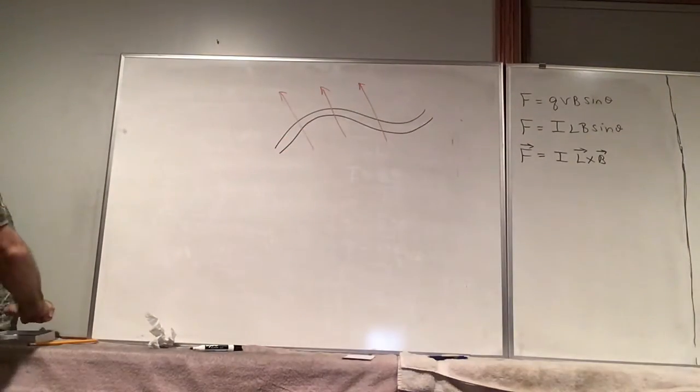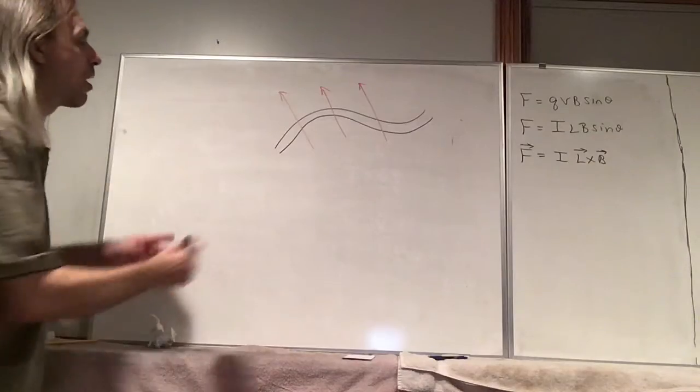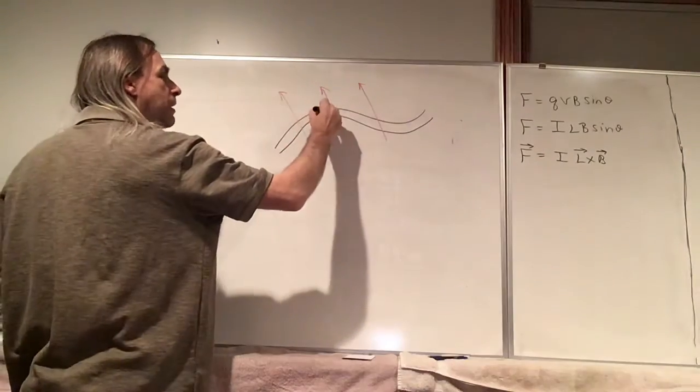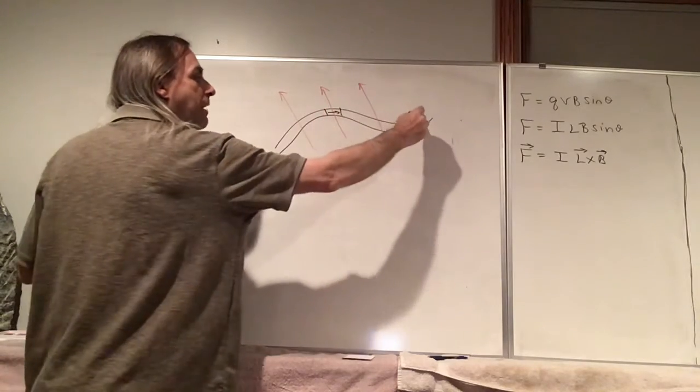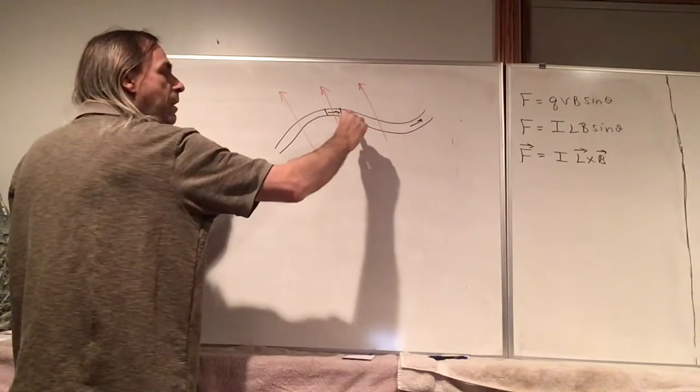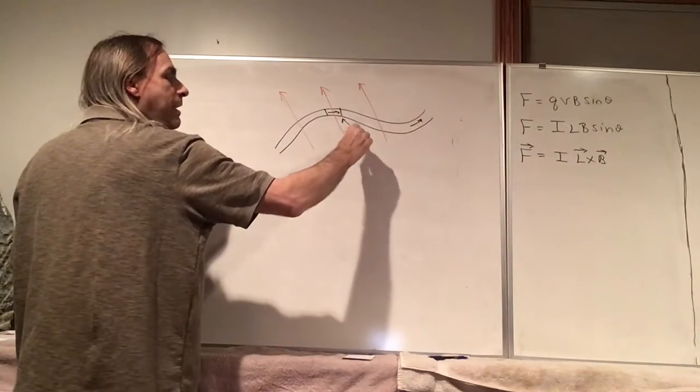It does not require a constant magnetic field, because we're going to break our wire up into pieces. So let's look at this piece here. If we make it small enough, say the current is this way, let's call this segment of wire ds.